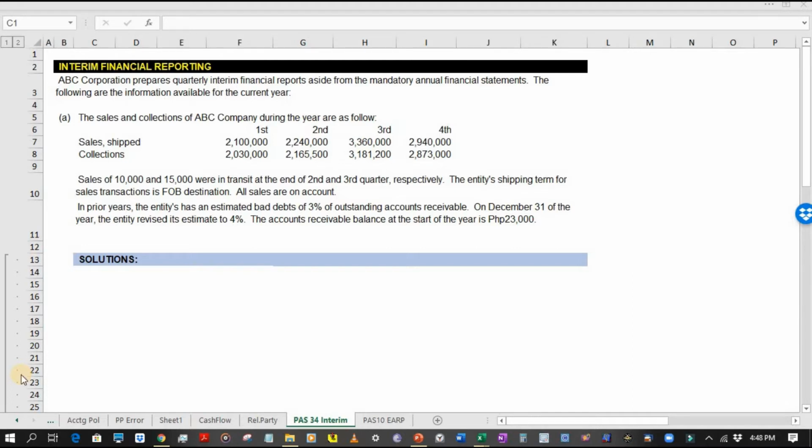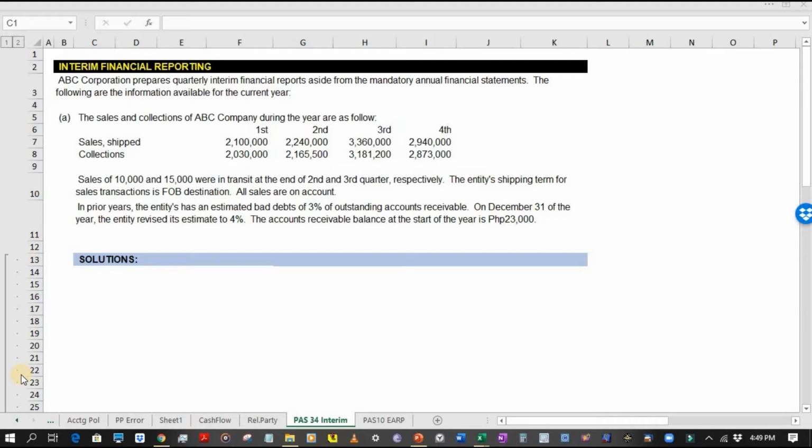This means that the sales of 10,000 pesos and 15,000 pesos were already shipped as of the end of the second and third quarter. Because if these are already in transit, it means they were already shipped, they're just waiting to be received by the buyer. So the entity's shipping term for sales transactions is FOB destination.